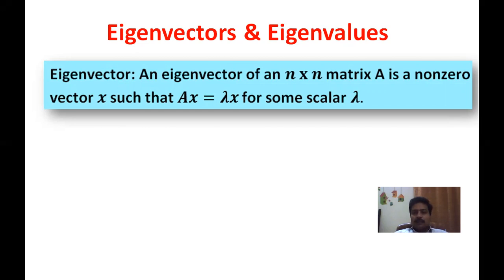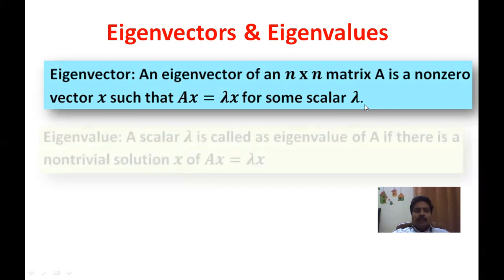This is obvious for zero vector. A into 0 is 0 into some lambda. So we are not interested in zero vectors. So non-zero vectors such that Ax is equal to lambda x, where lambda is a scalar, are called eigenvectors.